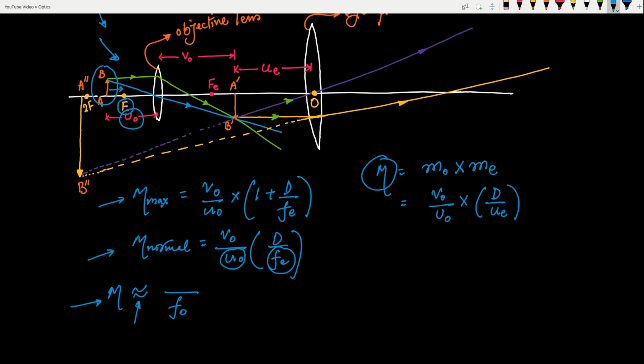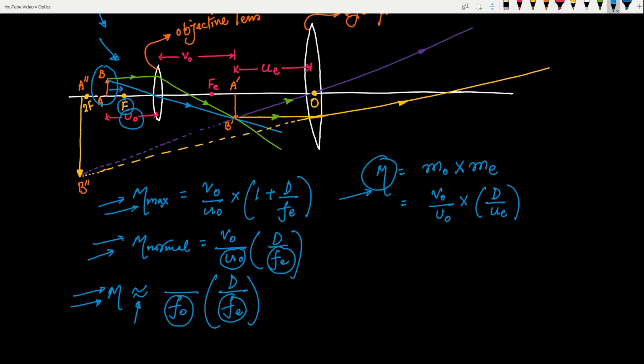This is just to understand the concept of focal length. I hope this is clear. To find magnification, we use either this formula or this formula, but to understand the focal length, we use this one. This is D by FE or 1 plus D by FE according to the case. So we get that FO is inversely proportional to magnification and FE is also inversely proportional to magnification. You need to understand this.